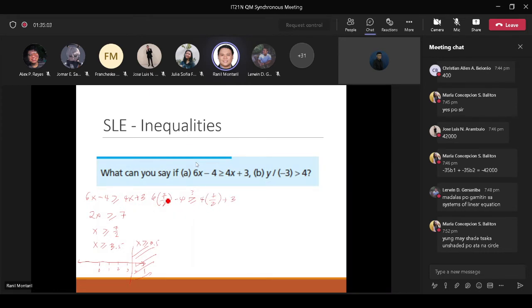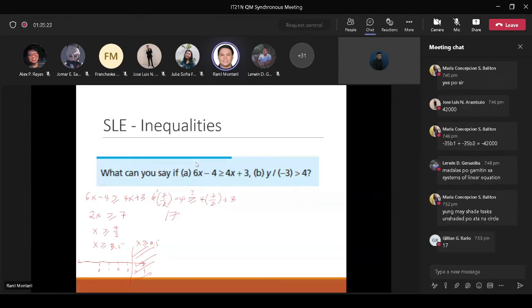The 2 cancels, so 3 times 7 is 21. 21 minus 4 is 17. On the right, 4 times 7 over 2 is 14, plus 3 is 17 din. Is 17 greater than or equal to 17? Yes, it's correct.